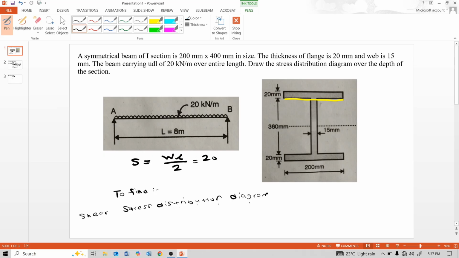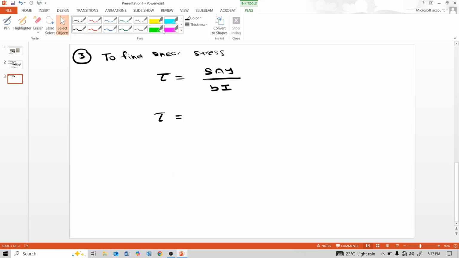W is 20, L is 8, divided by 2. 80 kilonewton is the shear force. So S, the shear force, is 80 into 10 raised to 3 Newton, multiplied by AY.